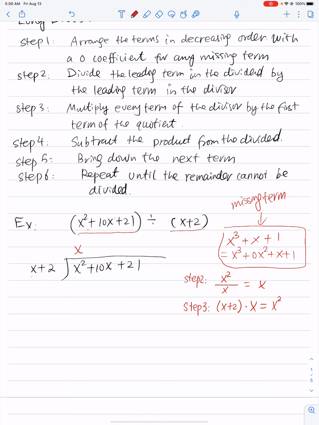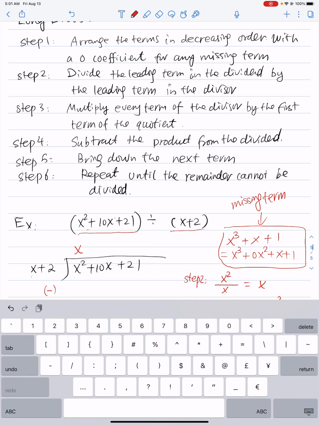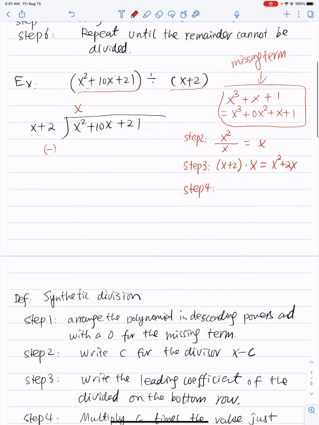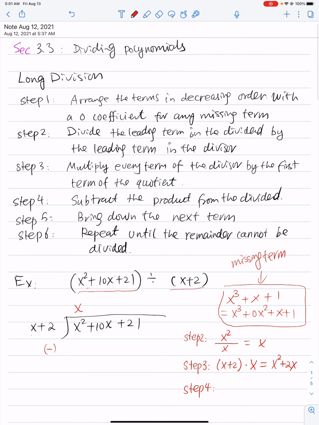Distribute: x squared plus 2x. Then step 4, subtract the product from the dividend. So you subtract the product from the dividend, x squared plus 2x.